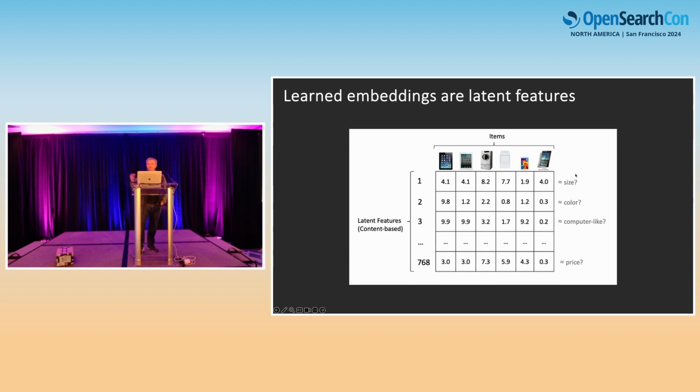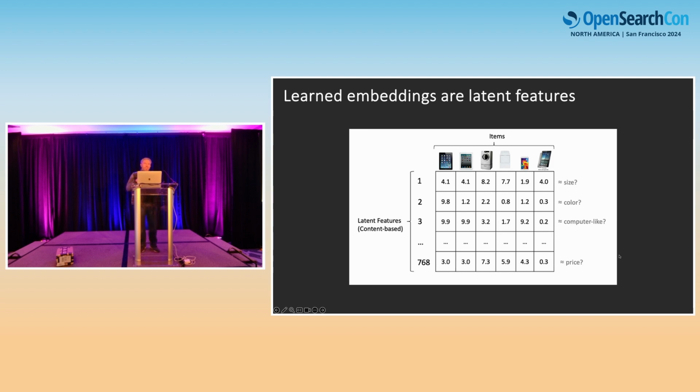It influences lots of other things, but size is definitely included in this particular feature. This one very much influences color. This one very much influences, is this thing kind of like a computer? I've got my tablets over here, and they're very much like a computer, and my screen cover is very much not like a computer. And then this one seems to correspond with price, et cetera.